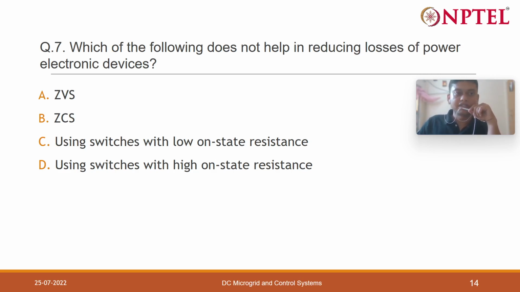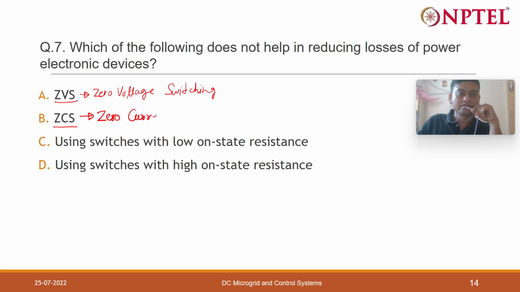In this, I would first like to explain some of the important terms, that is ZVS and ZCS. These are soft switching techniques. ZVS means zero voltage switching, and ZCS means zero current switching.